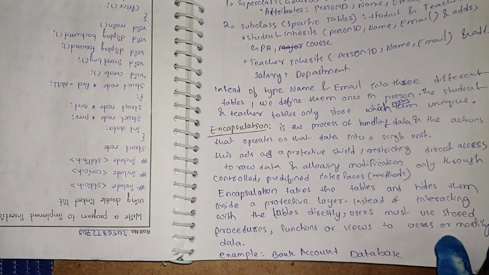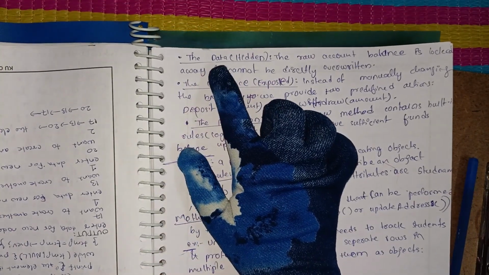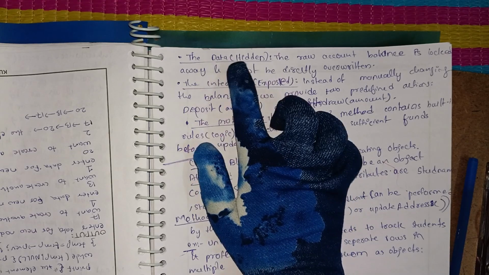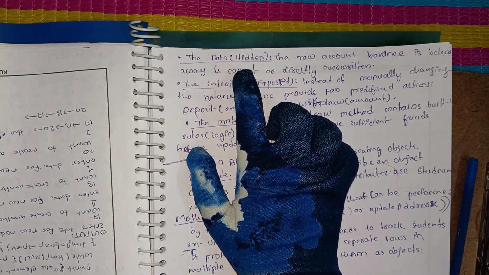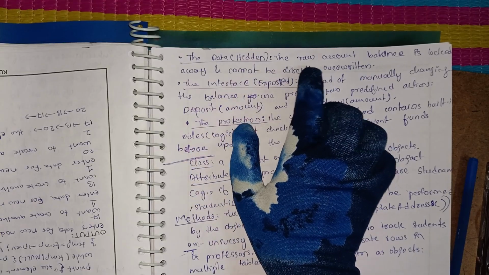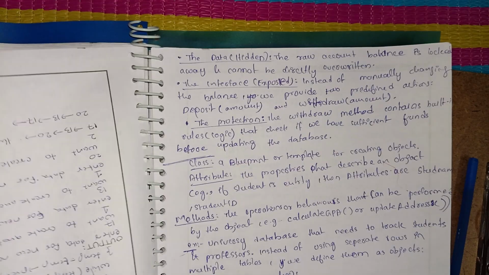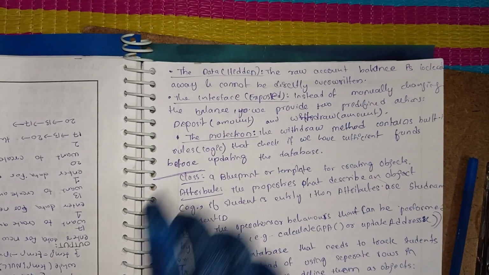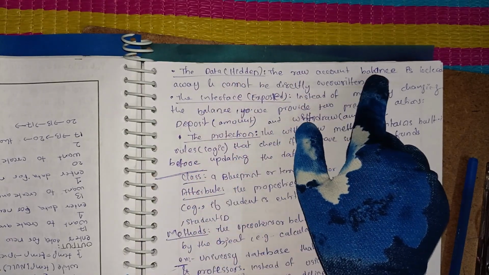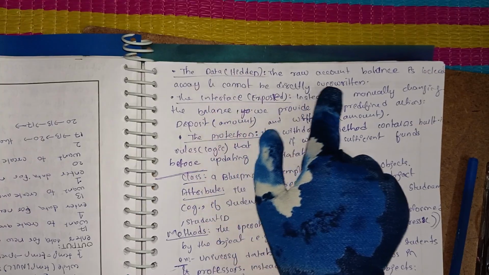And then the example is a bank account database. So the data is hidden, the raw account balance is locked away and can't be directly overwritten.